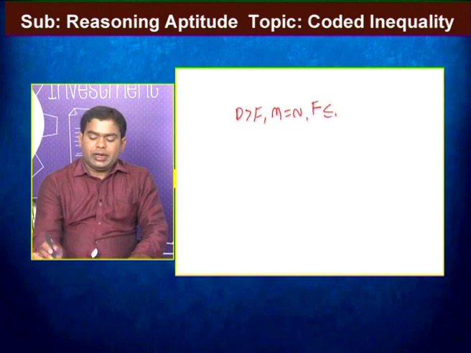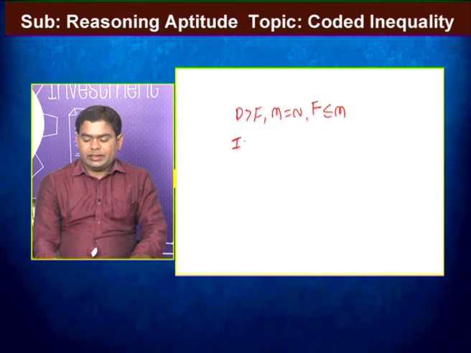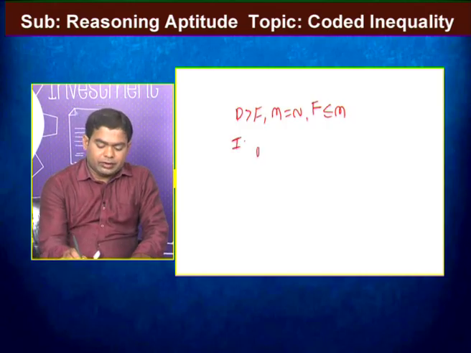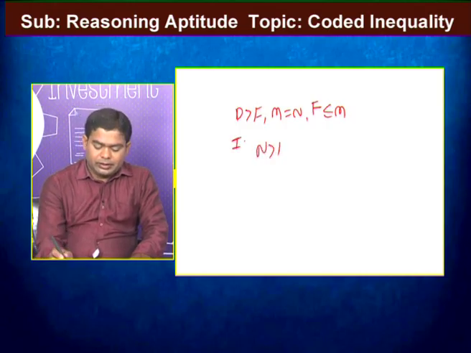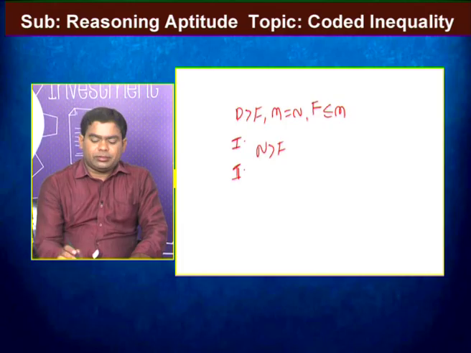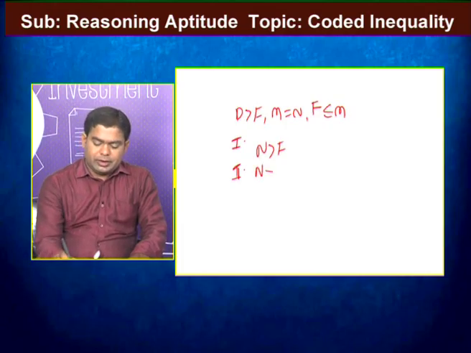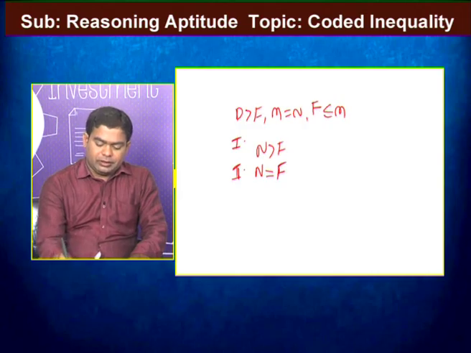F hash m, hash is denoted less than or equal to, that means f less than or equal to m. Next, conclusion 1, n at the rate f, n greater than f. Conclusion 2, n percentage f, percentage is denoted equal.